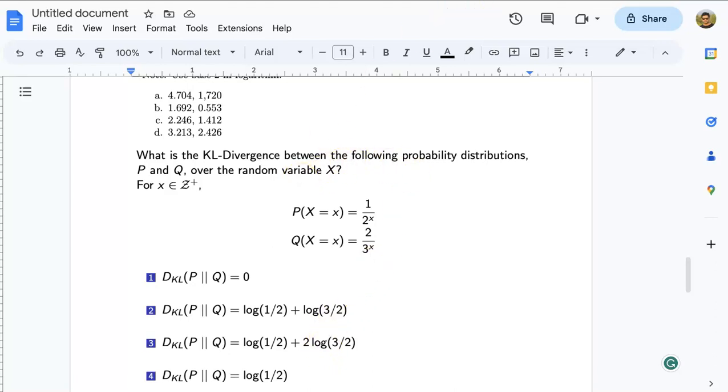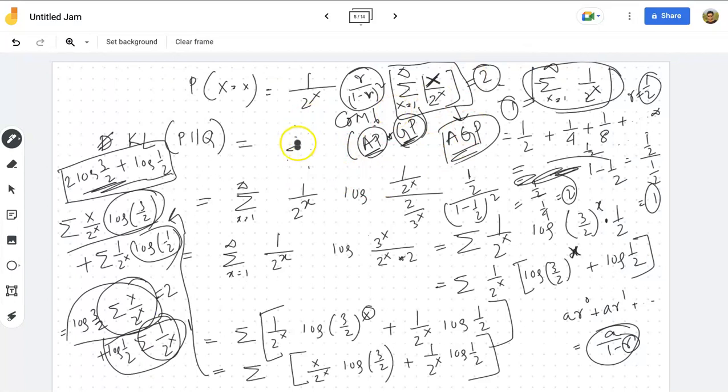It looks kind of messy, but if you follow the steps, you just need to know the KL divergence formula, and then if such series are there, you need to know what the series is and some rule to solve it. 1 by 2 to the power x is quite common, it is a GP series, but this kind of arithmetic GP combination is not that common.